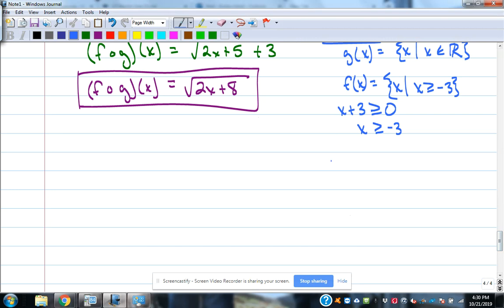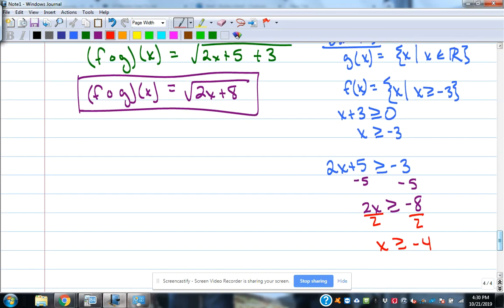That's what I've got to find out. So I'm taking 2x plus 5 and setting it greater than or equal to -3. Divide by 2. All right, so we got x's are greater than or equal to -4.